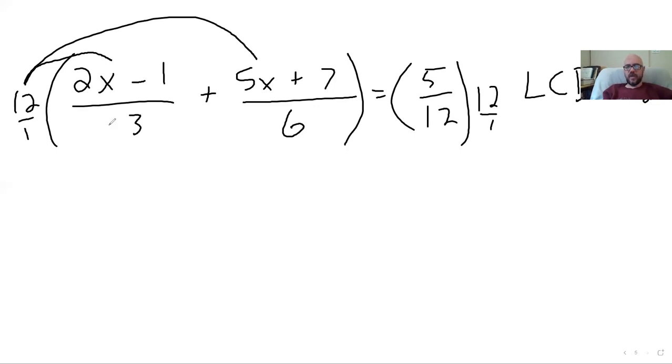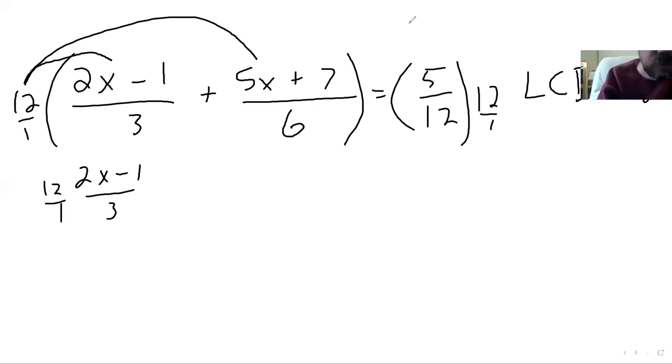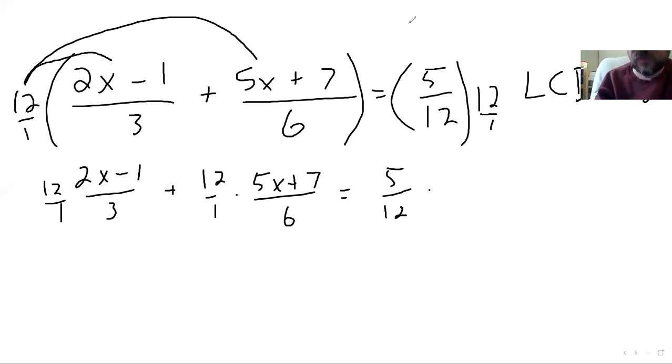When the 12 and the 3 cancel, that 4 that I'm left with is not what I'm multiplying here. I'm multiplying by another 12 over here. So let's do that. So if I do 2x minus 1 over 3 times 12 over 1 plus 12 over 1 times 5x plus 7 over 6 equals 5 over 12 times 12 over 1.